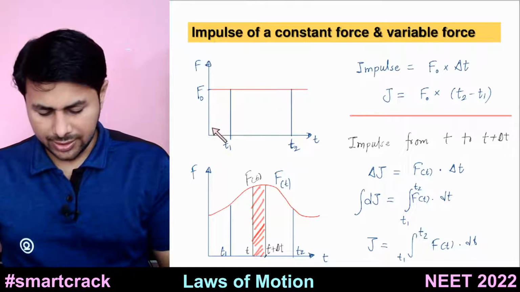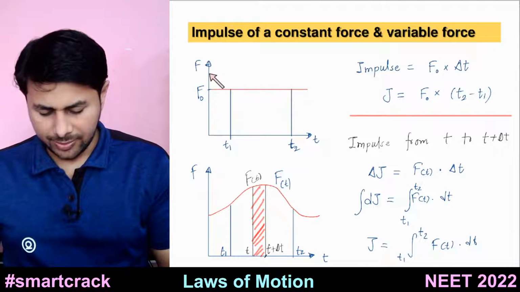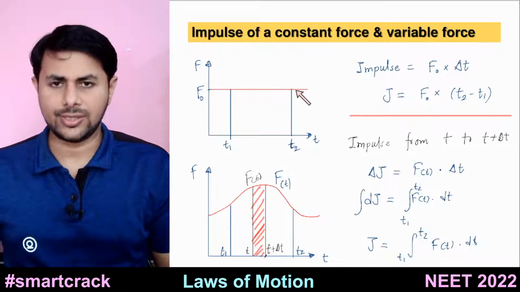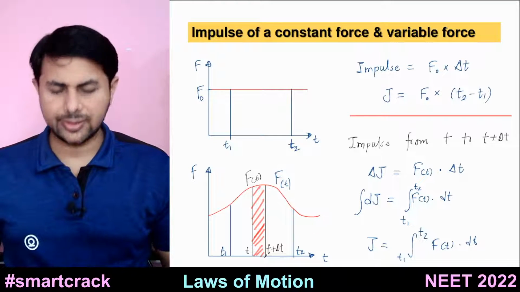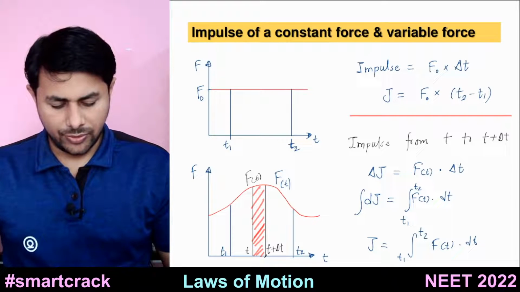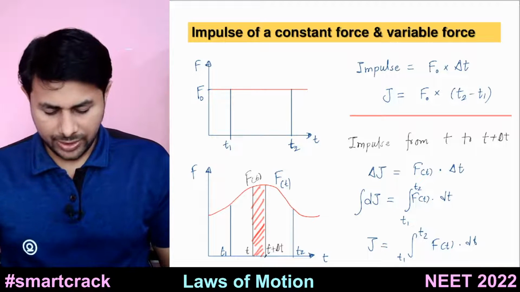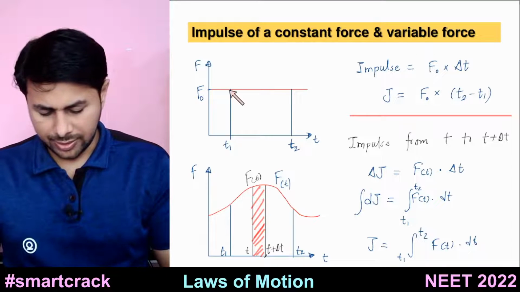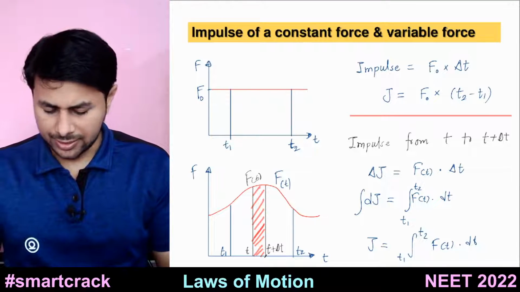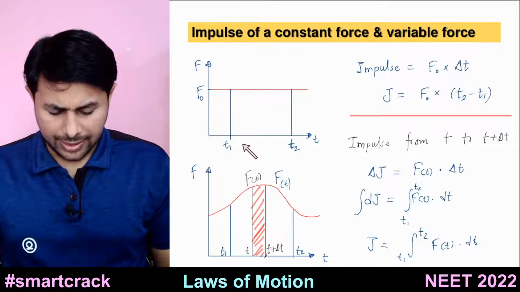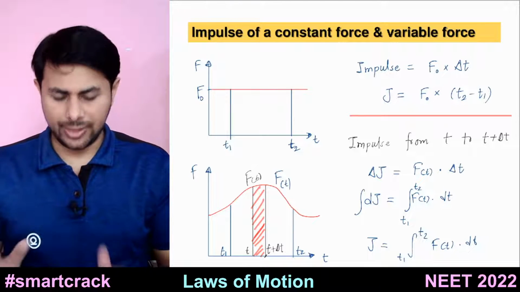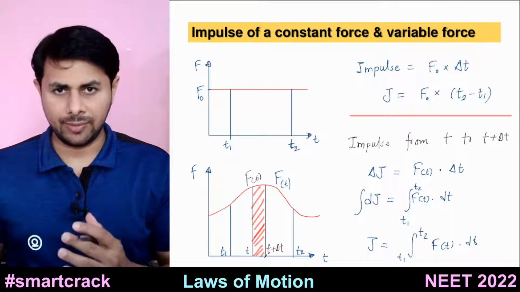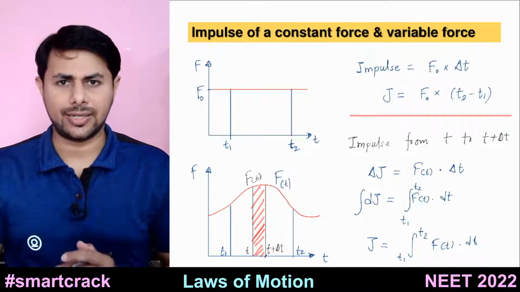So if we consider these two examples, in the first example the force is constant, and in the second case force is variable. So what is impulse? If we consider this time interval from t1 to t2, then force is constant, the value of force does not change, and we want to measure its impulse from time t1 to time t2. So what will be the impulse? It is force multiplied by that time.